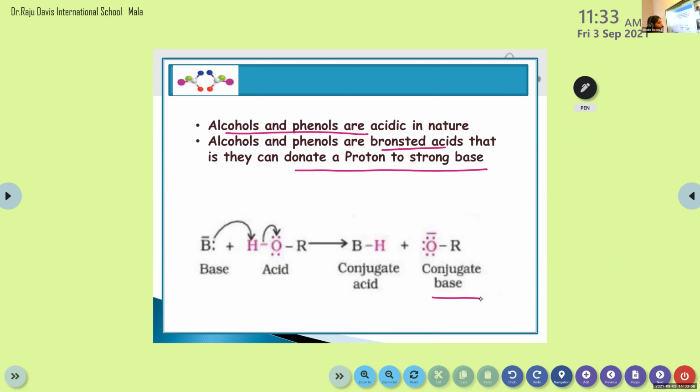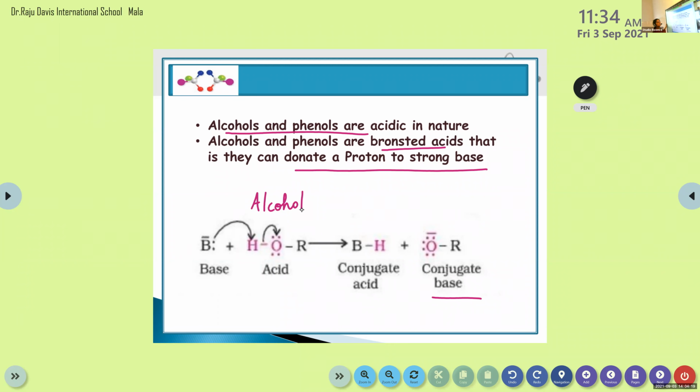Clear? Bronsted acids. And you look at this reaction. ROH is the representation of alcohol. This one is an alcohol, and here it acts as an acid because it is donating H plus ions to the base.